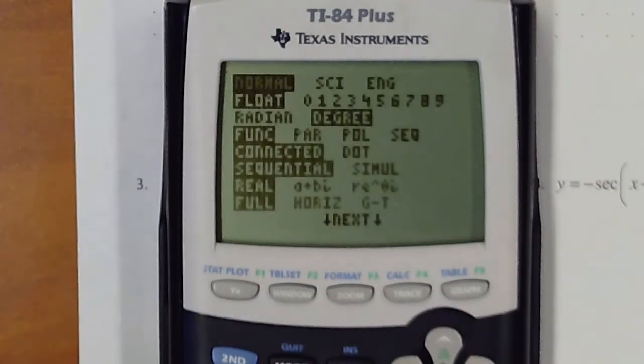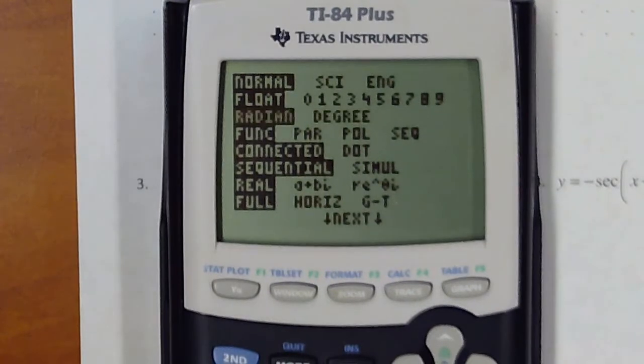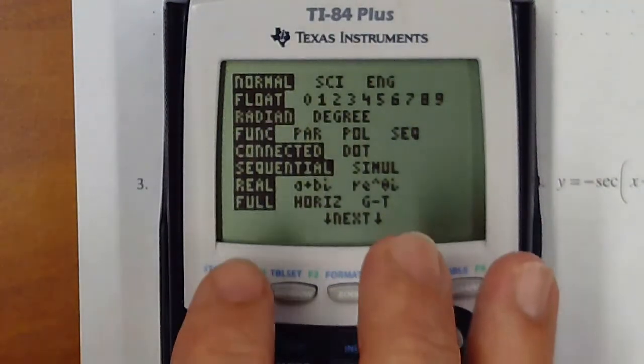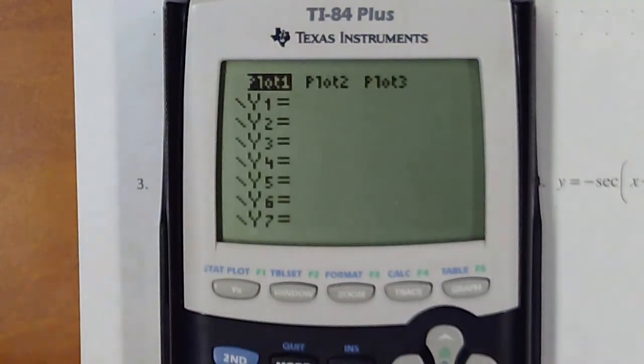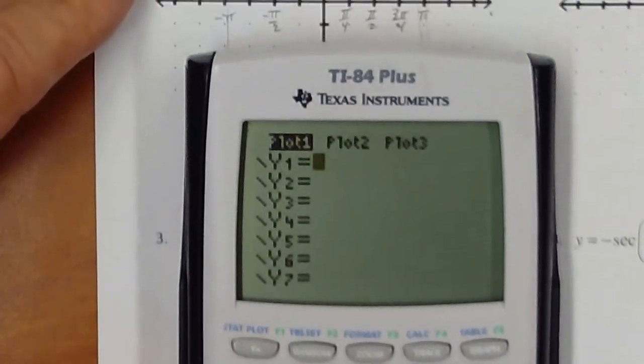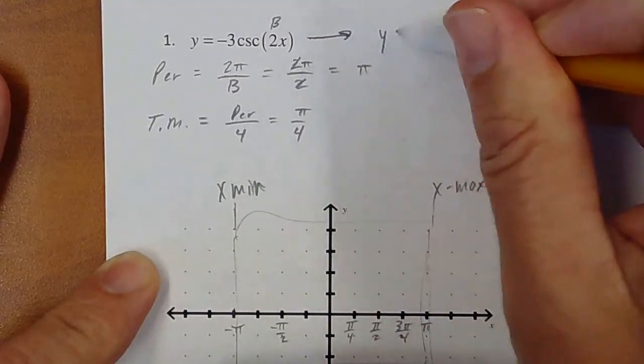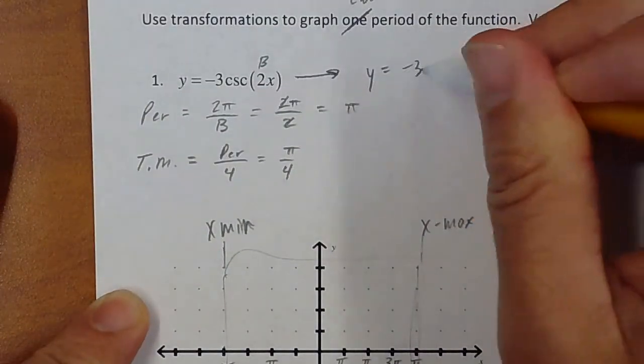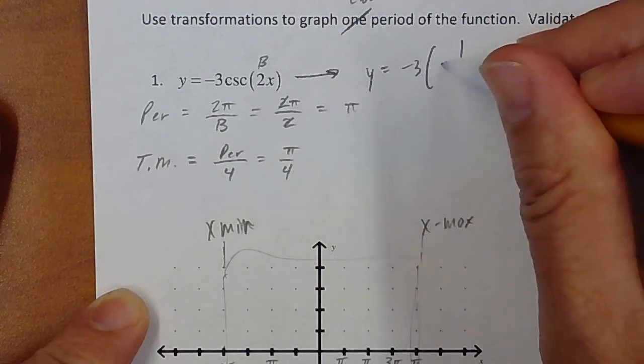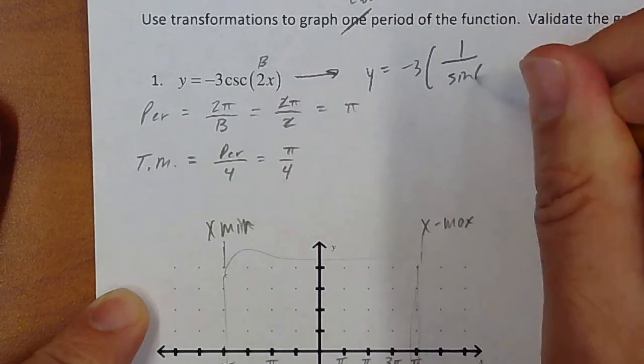We also have to make sure our mode is in radians. So I'm going to go to mode and highlight radians. And of course, we need to plug in our function in our Y equals. Y equals -3, and then in parentheses, 1 over sine of 2x.